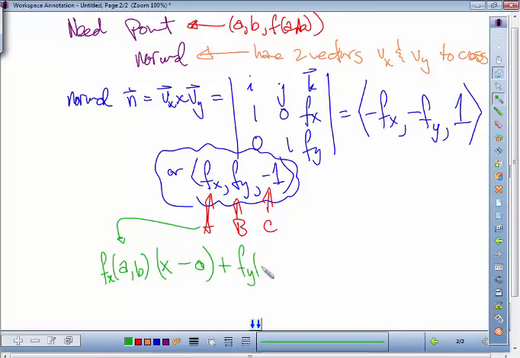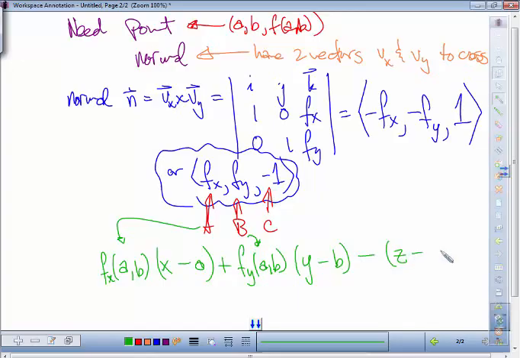So fy evaluated at a, b, that's like this capital B from our normal vector, times y minus y naught, in this case it's b, plus, well, it's negative 1, right? So minus z minus f of a, b.